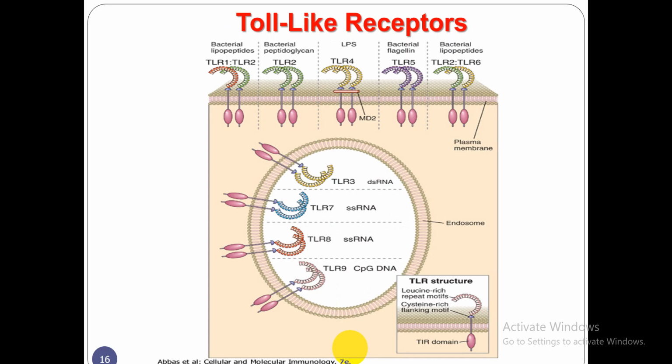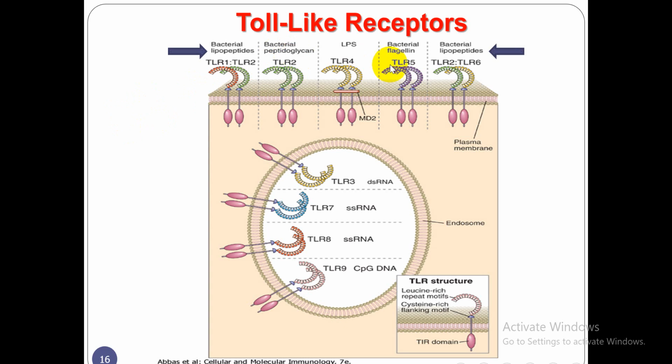And as you see here, some of these toll-like receptors are on the surface of the cell, and some of them are on the endosomal membrane. And you see that generally these receptors are in dimer form. Some of them form homodimers. Here you see two toll-like receptors could bind to each other.